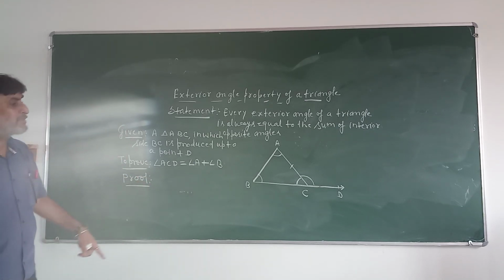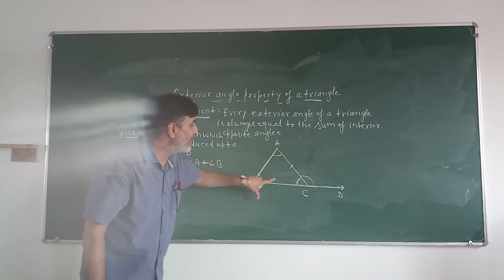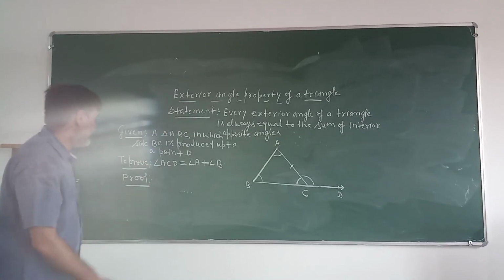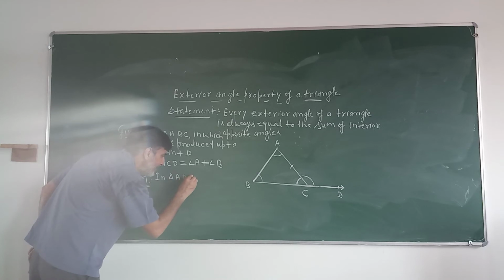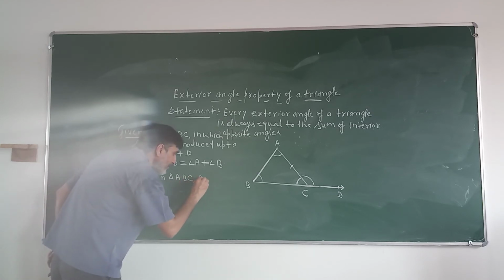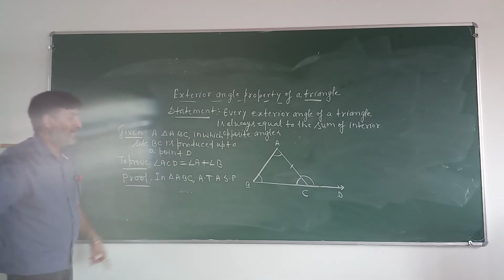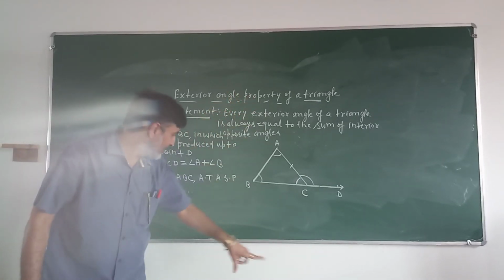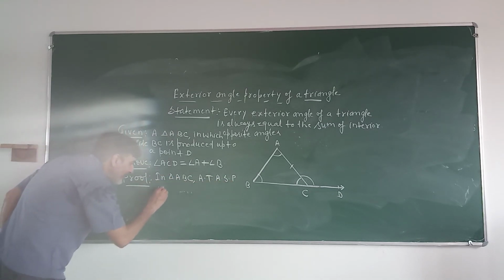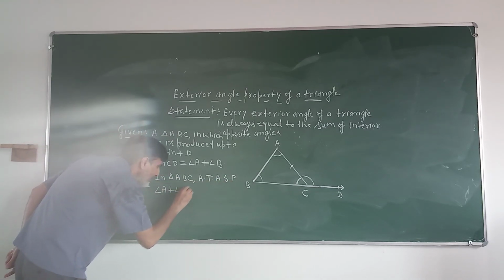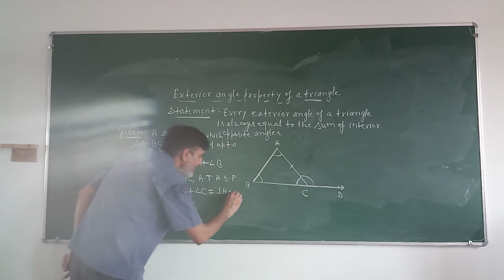In proof, first of all, we apply ASP, angle sum property, in this triangle ABC. In triangle ABC, according to angle sum property, angle A plus angle B plus angle C equals to 180 degree.